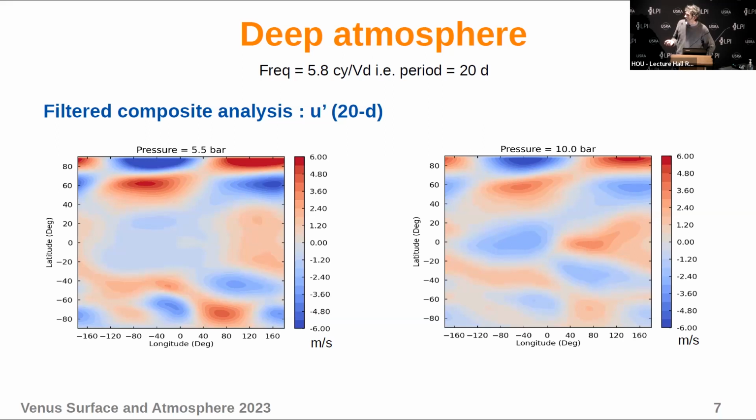You can see these at two different pressures, 5.5 bars and 10 bars, so it will be deeper. And you've got also these structures that are mostly wave number 1 or 2. For example, here it's mostly number 2 for the southern part of the wave, high latitude in the south.